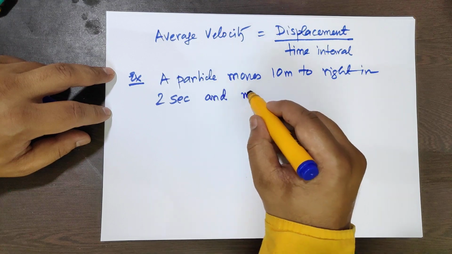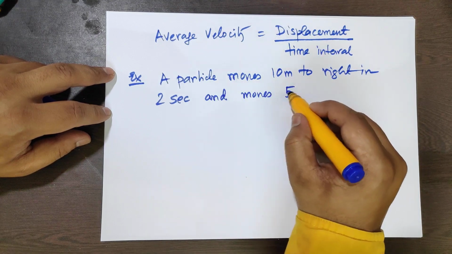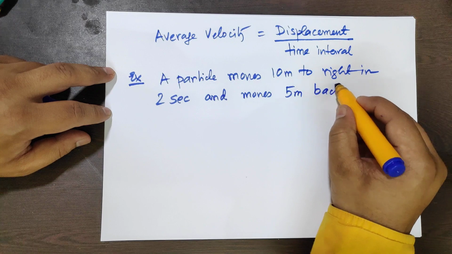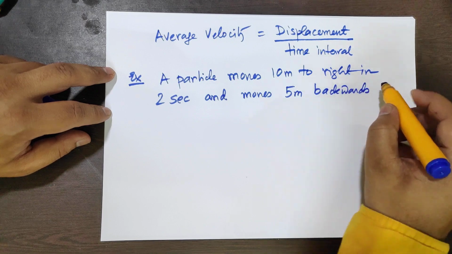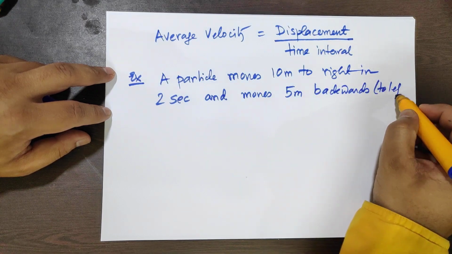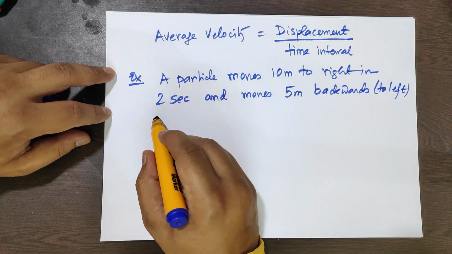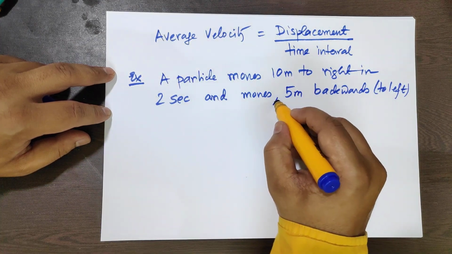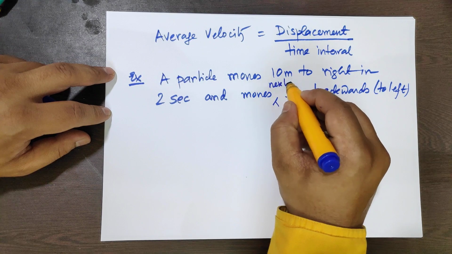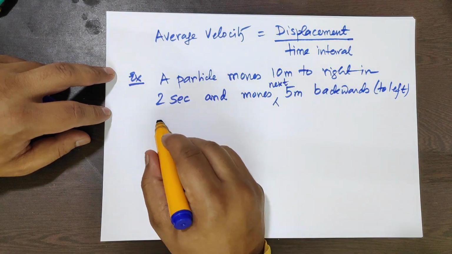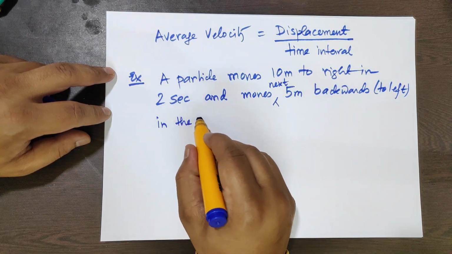and moves 5 meter backwards, that is to the left, the next 5 meter, just after going this 10 meter, in the next 2 seconds.